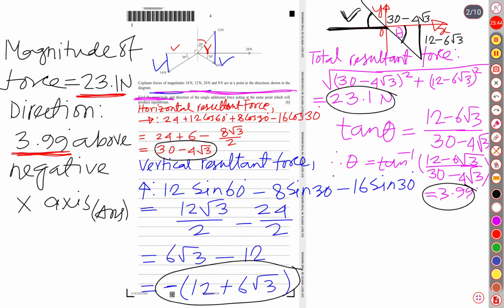So what did we do? If I recapitulate since the beginning, first we found the horizontal resultant force, then we got the vertical resultant force. After that we got the magnitude, which is the square root of the sum of the squares of the horizontal and vertical forces.